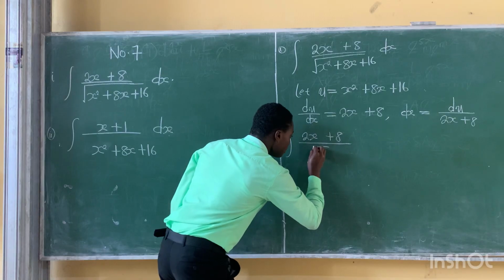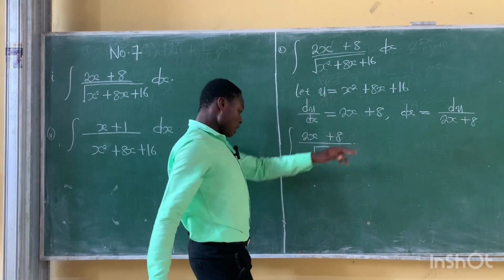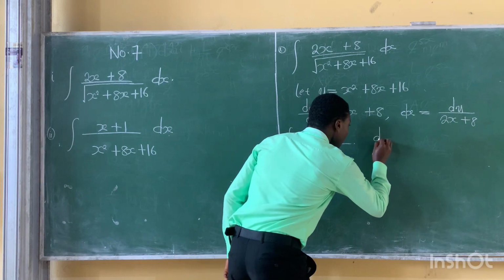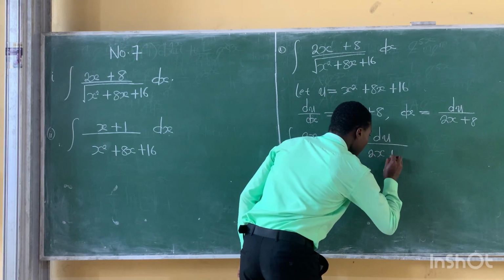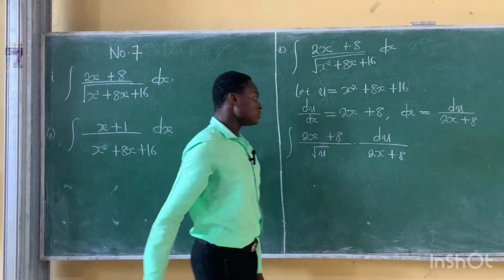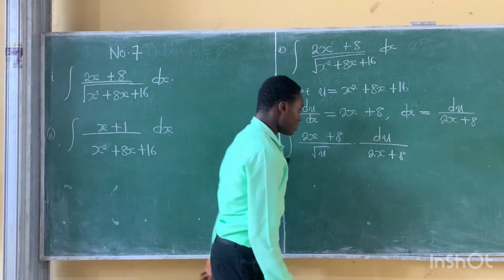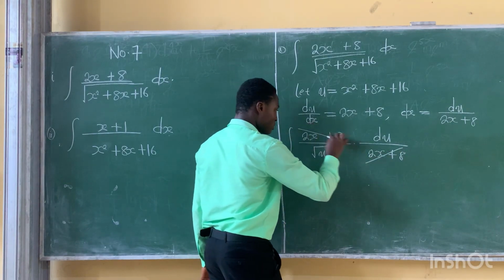So what you have is the square root of u, then times dx. But your dx now becomes du over 2x plus 8.